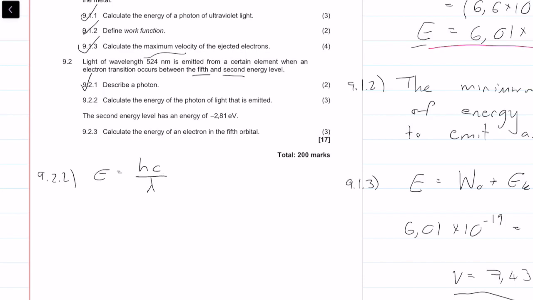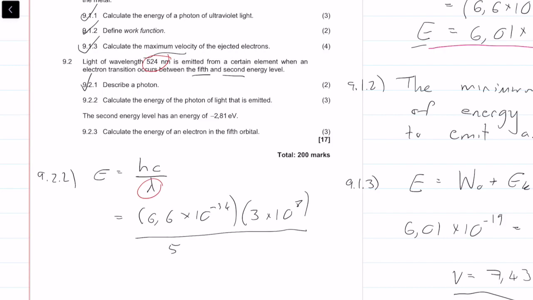We're doing this because the wavelength is given. h again is Planck's constant, which is 6,6 times 10 to the minus 34. c is the speed of light, which is 3 times 10 to the 8, and our lambda is 524 times 10 to the minus 9, because this is in nanometers and nano is 10 to the minus 9.